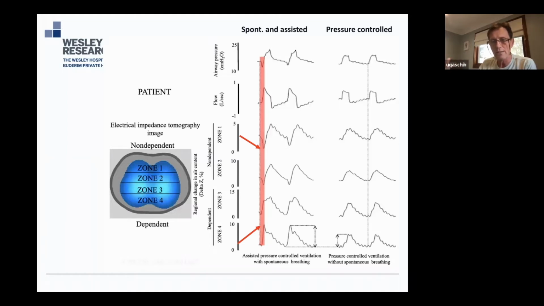And that's within the same subject, same region. So you can see that spontaneous breathing does affect the dependent lung hugely differently than when you are in pure pressure-controlled ventilation. So we have imaging technology available that can differentiate between spontaneous breathing and its effect on ventilation distribution compared to pressure-controlled ventilation.